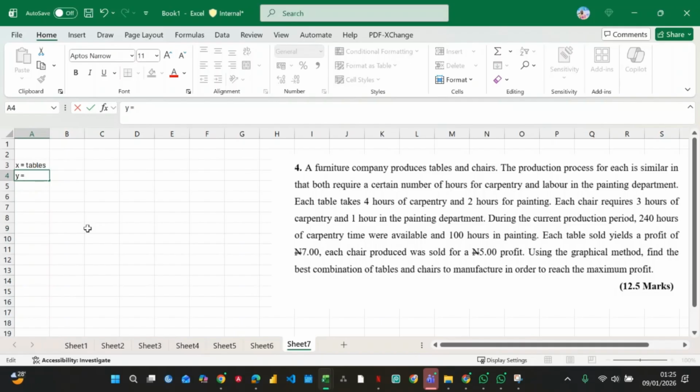Then we add in our constraints. The first one is carpentry.